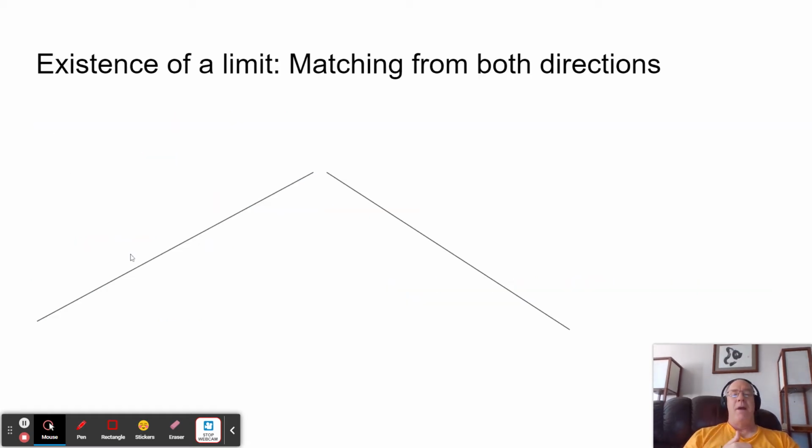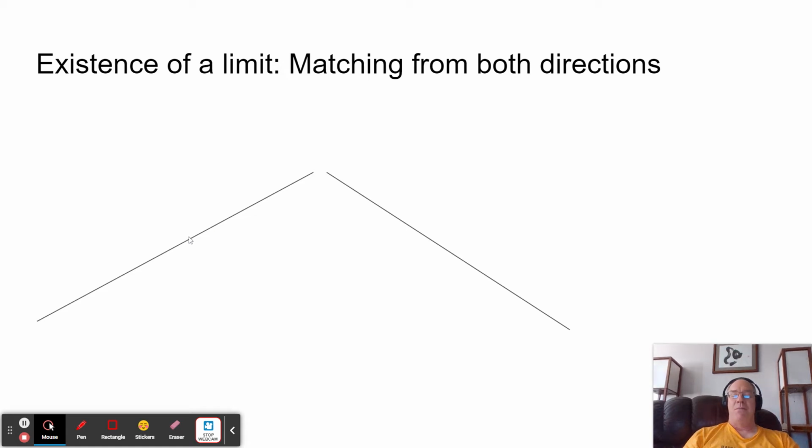A limit exists when the function approaches the same point from both sides. Here you look at this graph of these two lines, and you think, well, there's something wrong with it. It's not a function. You didn't keep your pen down as you drew all the way from the left to the right. You picked it up and then you put it back down, and you had also changed directions, so to speak.